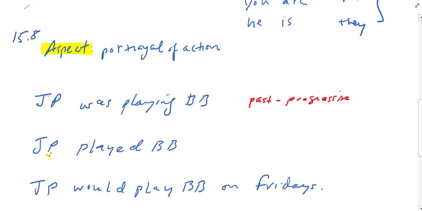On the other hand, if I just say JP played basketball, this is past, but I'm not construing it for you as being in process, right? I'm just really giving you a simple summary, sort of snapshot view of the action. So just a simple holistic view.